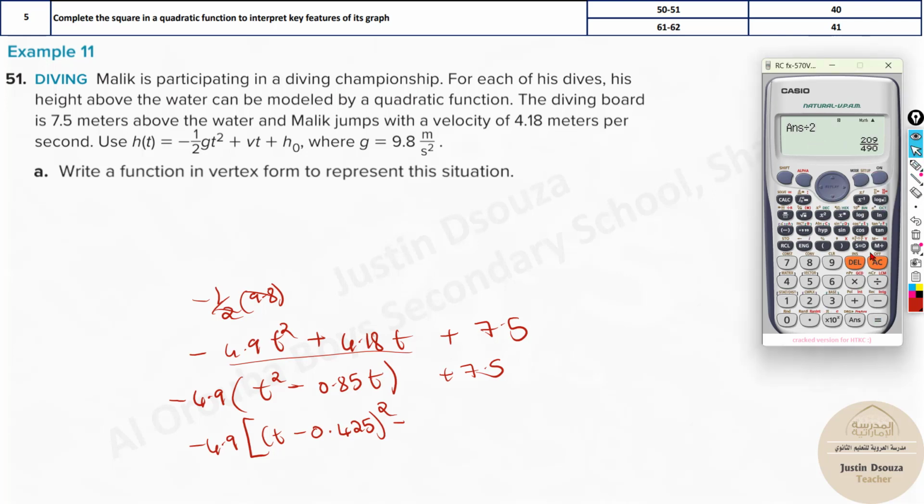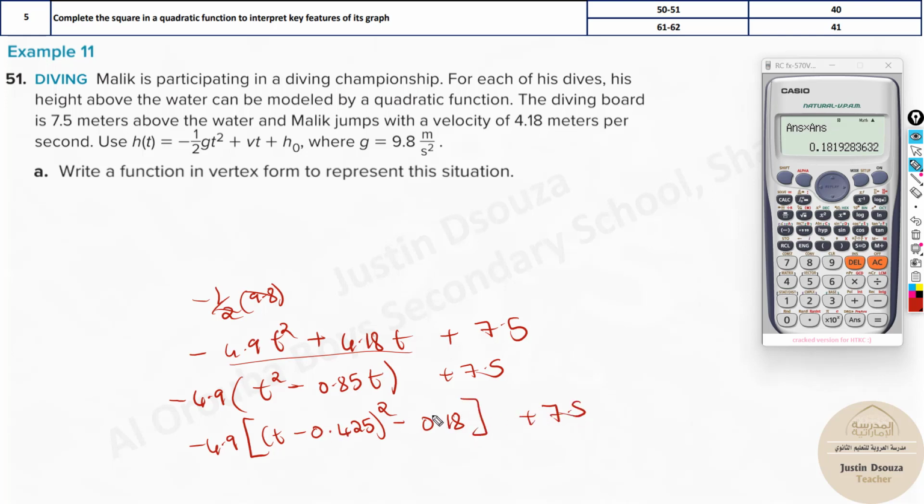It's divided by 2, multiplied by the same thing. That's the answer. I'll just write 0.18, sorry. I've squared this, minus 0.18 plus 7.5.